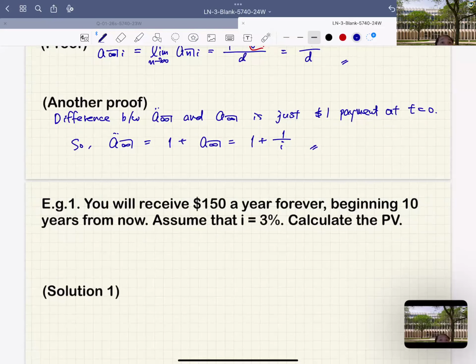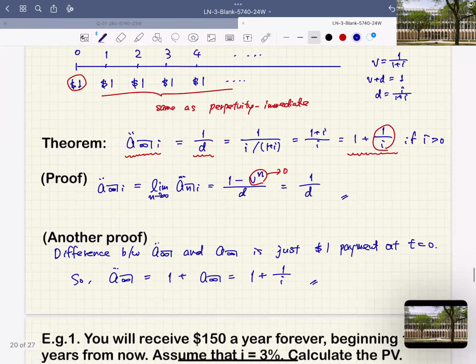I got a question. If the interest rate is negative, is s angle infinity bounded? No. If i is negative, that means a $1 payment at a future time point is worth more than $1, right? So we are adding infinitely many terms, and each term, basically the nth term, is getting larger.